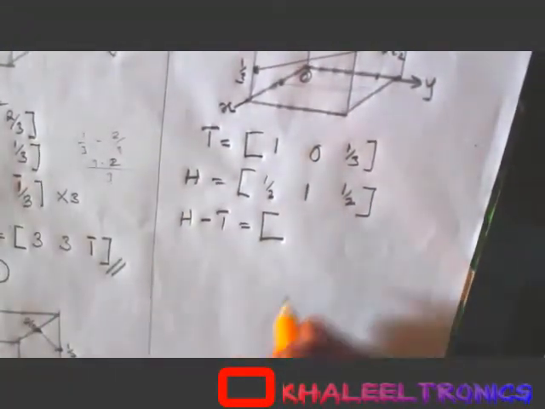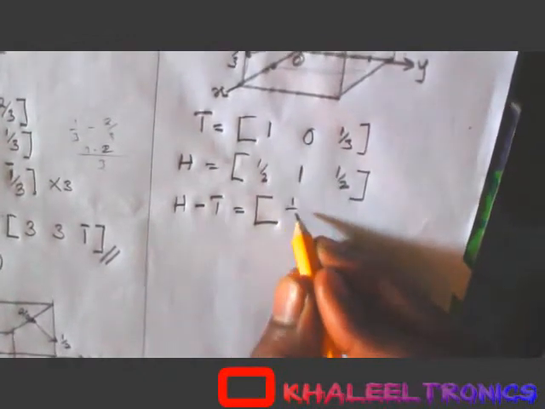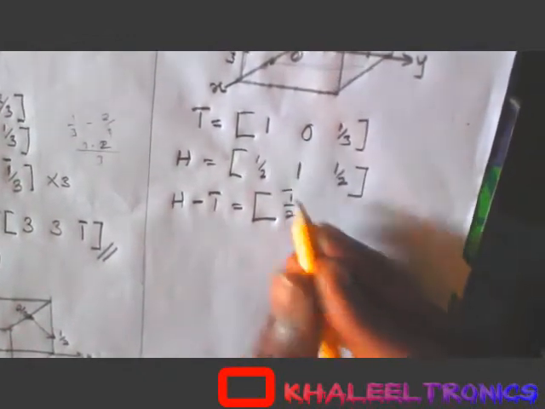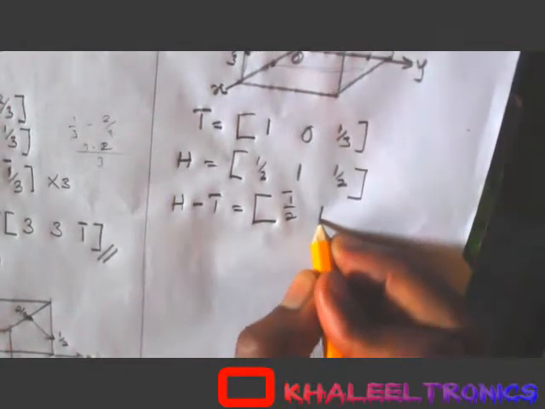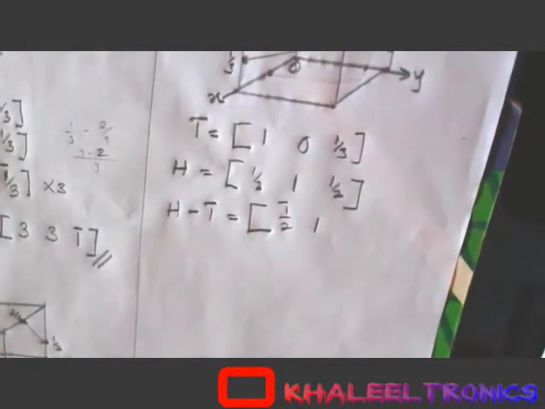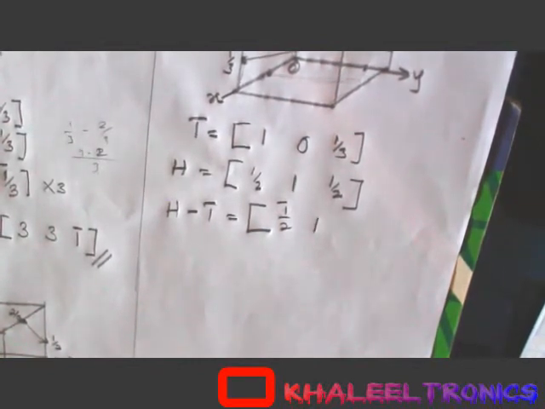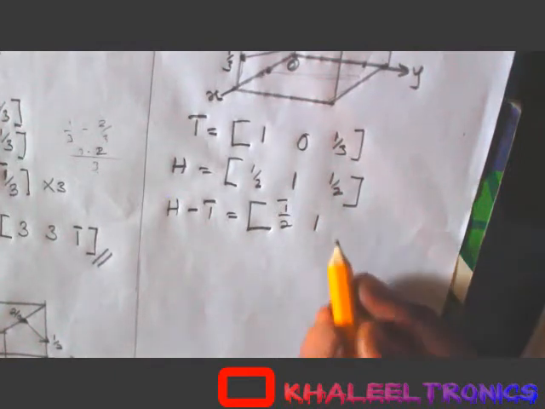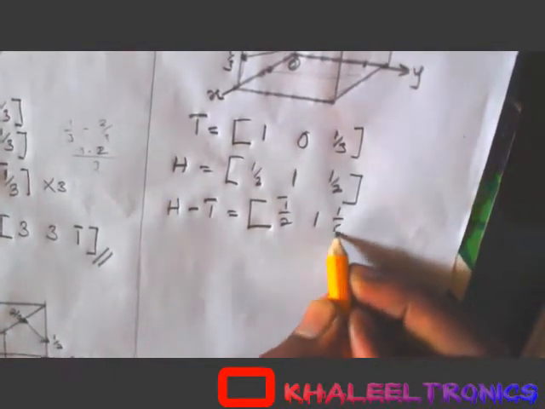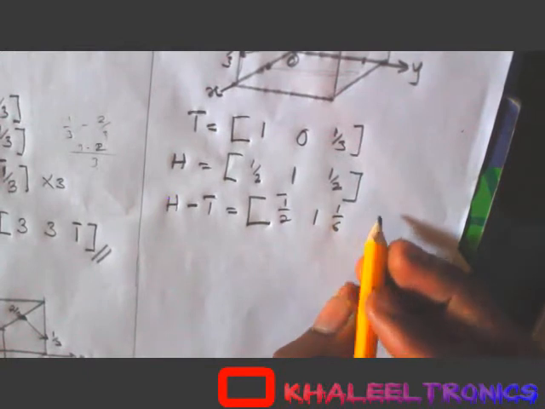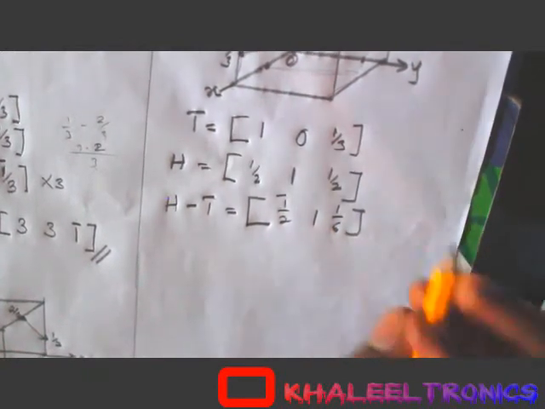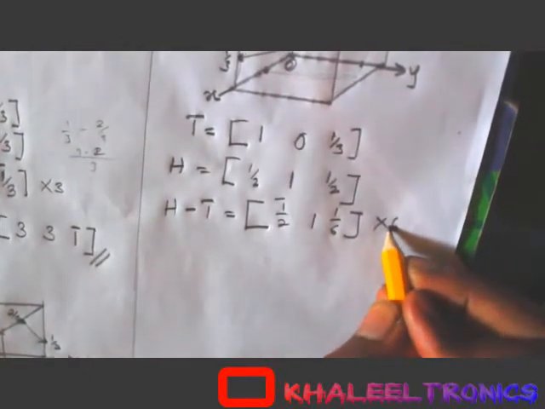Okay, so head minus tail will give you half minus 1, which is minus half. 1 minus 0 is 1. 1/2 minus 1/3 will give you 1/6. We must multiply by 6.